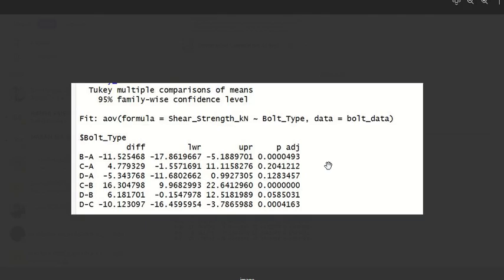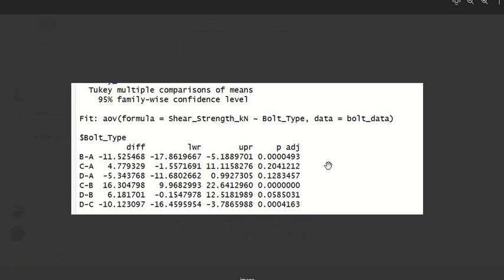And if you look at D and B, they are very close to being equal. So B and D are different. No, C is also different from D. But C is the same as A and B. B and D, yes.